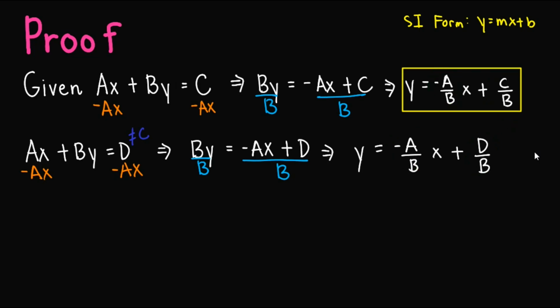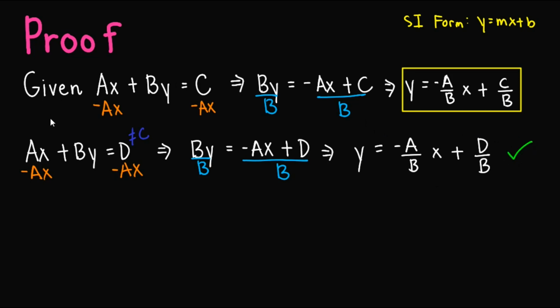So this is indeed parallel to the given. Just to put some emphasis, this is not equal to this since we know that d is not equal to c. So again, this one is indeed parallel.